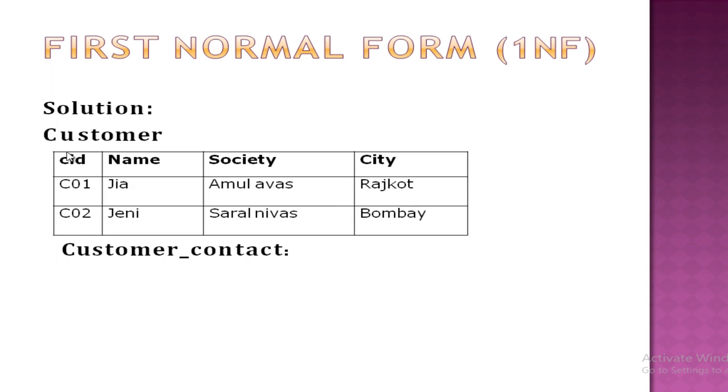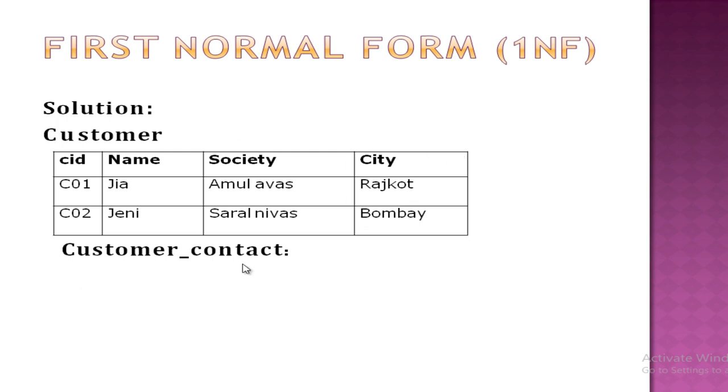Here the customer ID, name, society and city contain CO1, customer 1, whose name is Jia, society Amul Awas and city Rajkot, and CO2 is Jenny, society Saral Nivas and city Bombay. So here we have bifurcated that particular address column into multiple columns, yes or no?